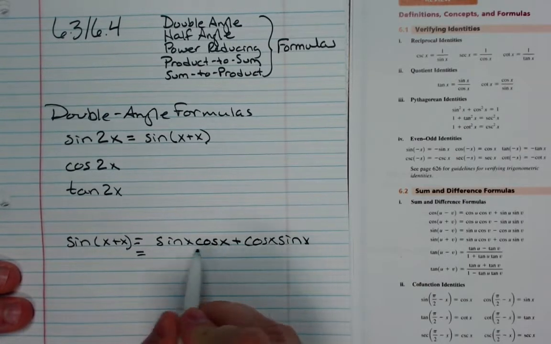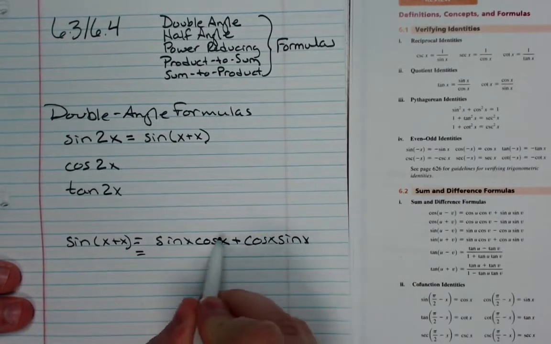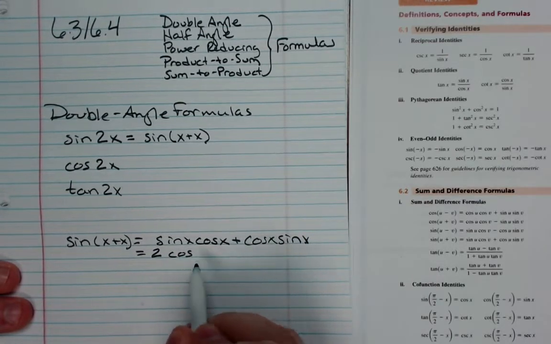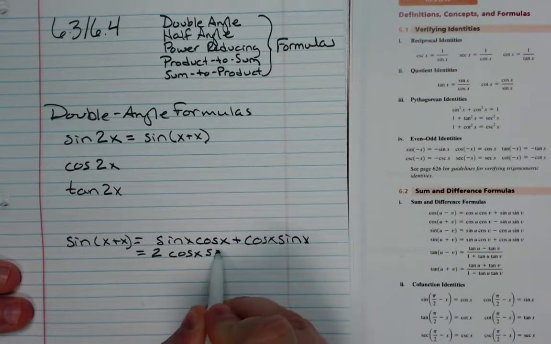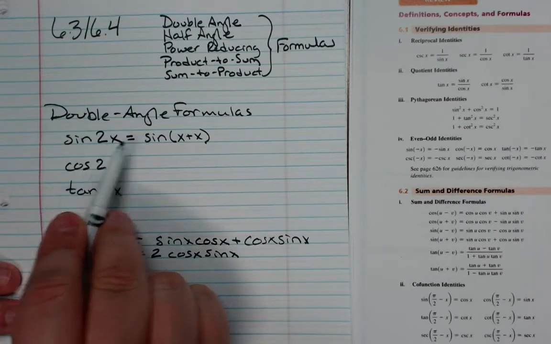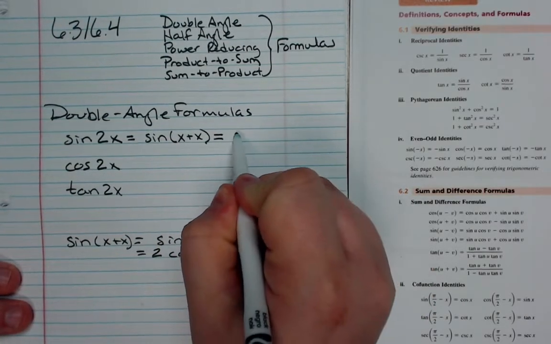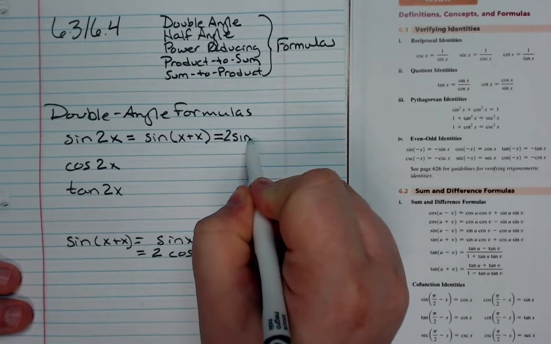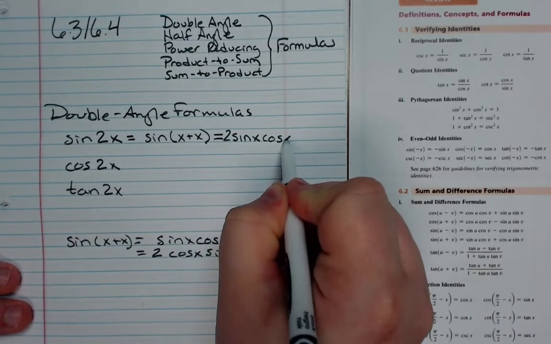Those are the same term because both have a sine and a cosine, so it's really 2 cosine x sine x. That means sine of 2x is just 2 sine of x cosine of x.